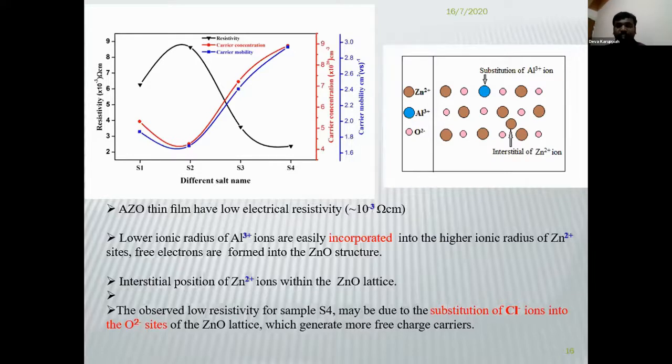So it can also enhance the carrier concentration of the material. Here for the zinc chloride precursor, we observed low electrical resistivity and high carrier concentration. The reason is the substitution of chlorine ions into the oxygen site of the zinc oxide, so it can produce more charge carriers.